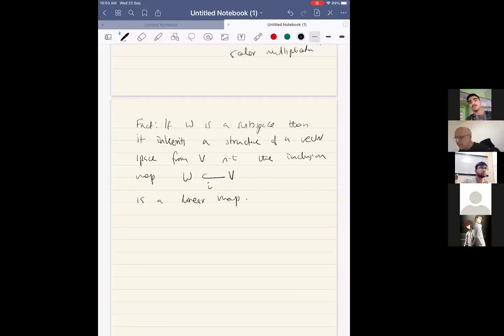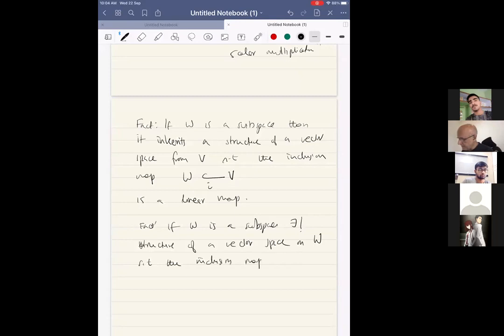So this is not a mathematical statement because inherits has no meaning. So let's make it mathematical. So I call this fact prime. If W is a subspace, there is a unique structure of a vector space on W such that the inclusion map W to V, which I call I, is a linear map.